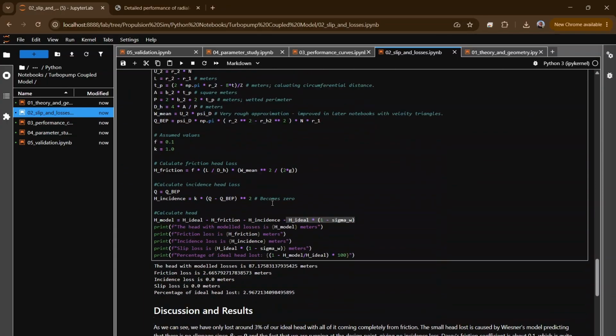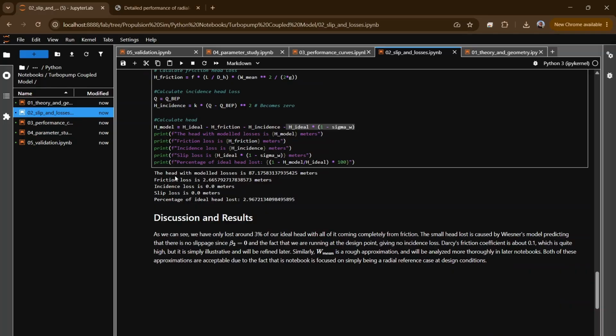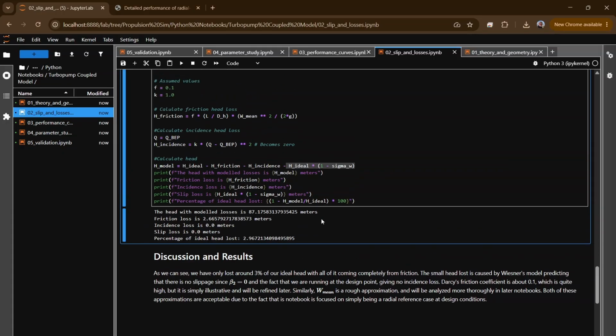Here's all our code to calculate, and we find that the total loss, the friction loss, is about 3 meters. And so we have about 3% loss total. Darcy's friction coefficient here was about 0.1, which was reasonable given the other examples that I read where they used Darcy's friction coefficient.